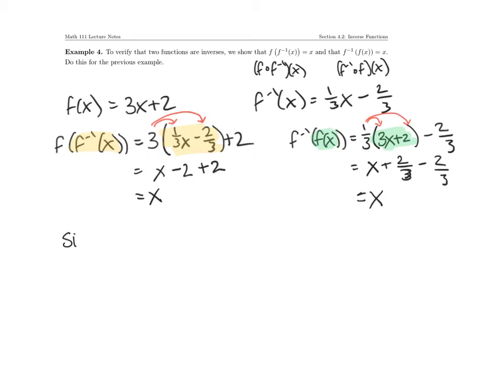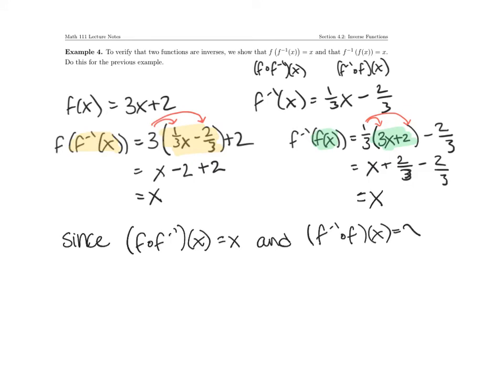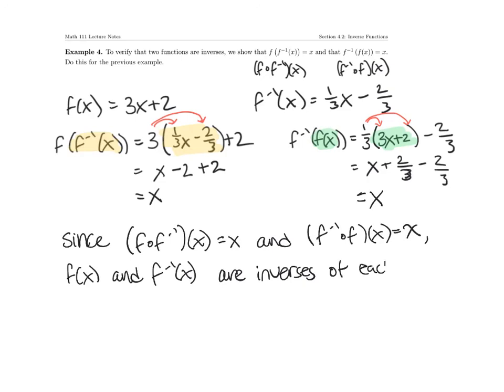Something like, since f of f inverse of x equals x, and f inverse of f of x is equal to x, f of x and f inverse of x are inverses of each other. So we need a sentence there.